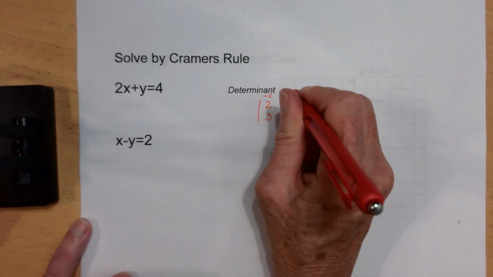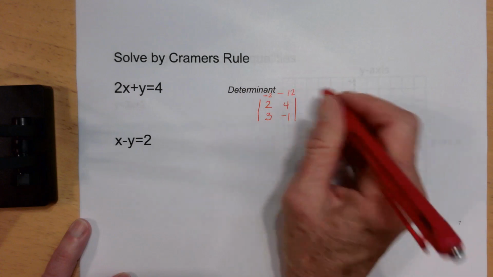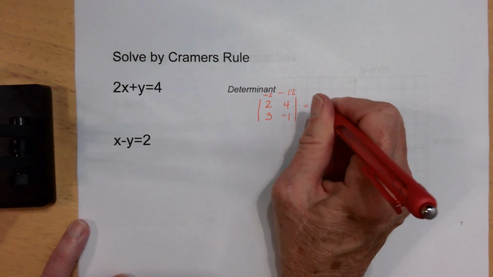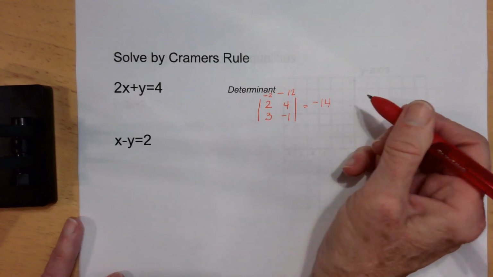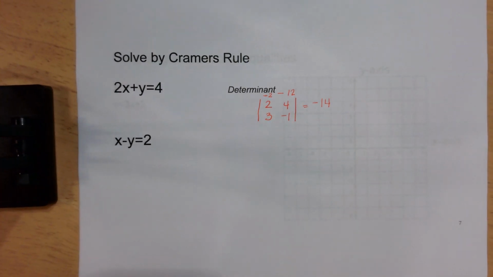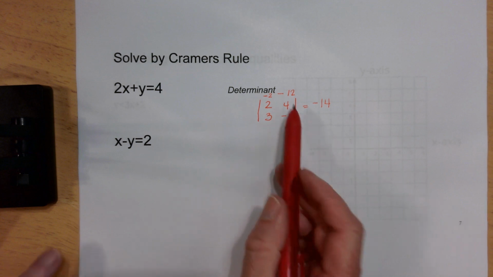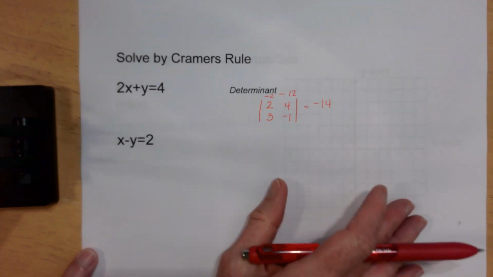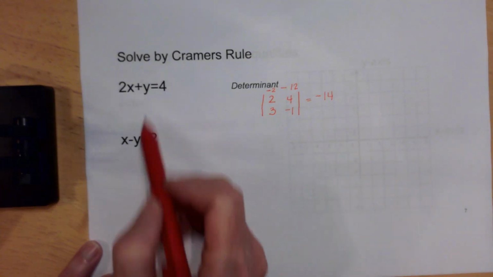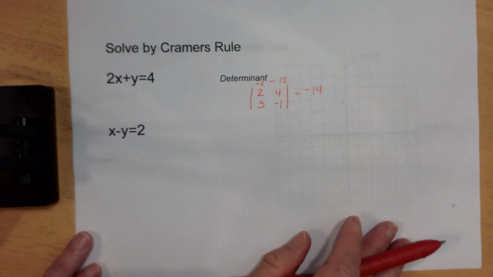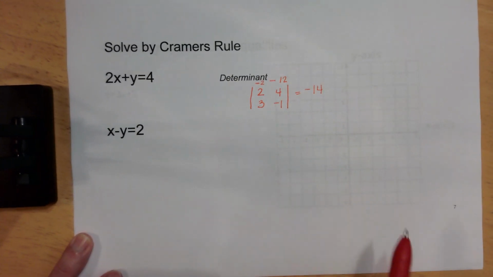Multiply up, that's going to give me a 12, and then I'm going to subtract. So the determinant is negative 14. It's a singular number, not necessarily one digit, but a singular number that represents the array of numbers that we call a matrix.